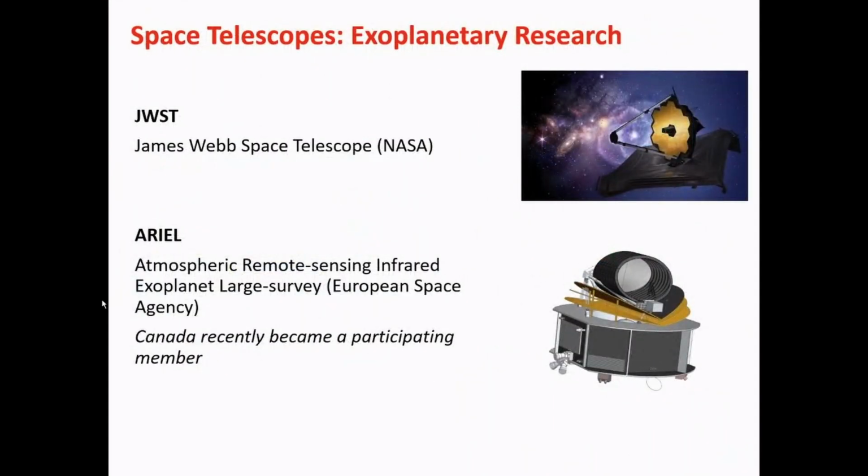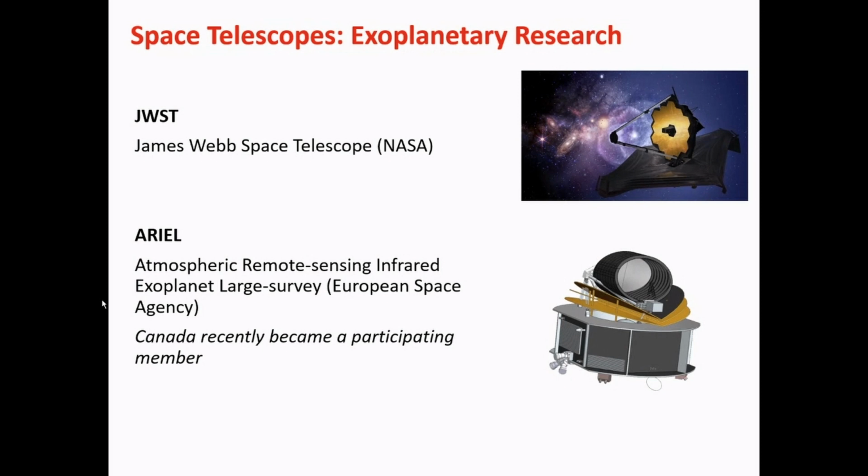And this is actually what many space telescopes are already doing. For example, NASA's James Webb Space Telescope and the upcoming Ariel telescope from the European Space Agency, which is launching in 2029. And these telescopes have these very high precision spectrograms, which are going to observe these exoplanetary systems.